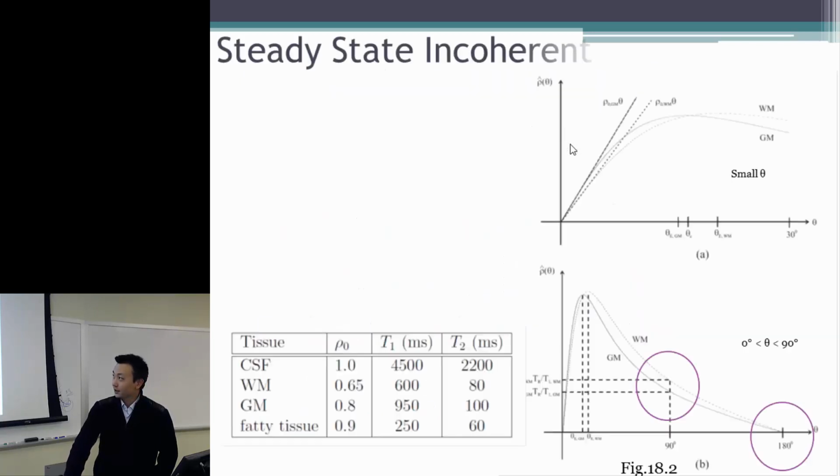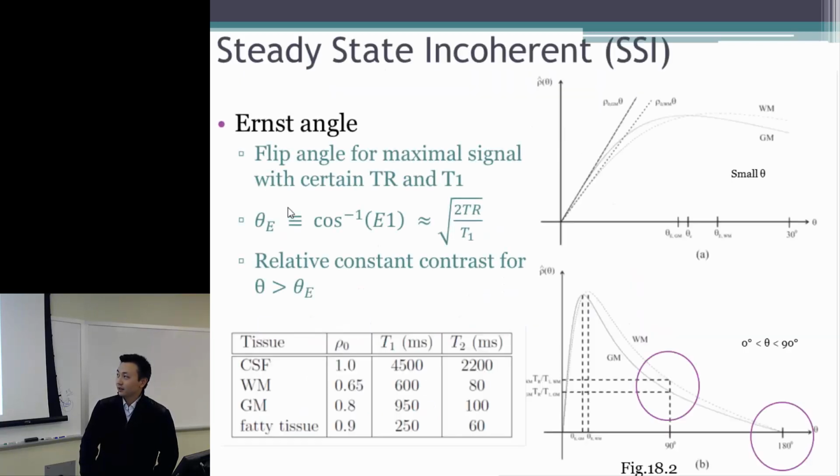So you can calculate that and come up with this conclusion. And when the TR is much smaller than T1, you can have this estimate of the flip angle, which is the square root of 2TR over T1. But remember, you have to use a very short TR already.